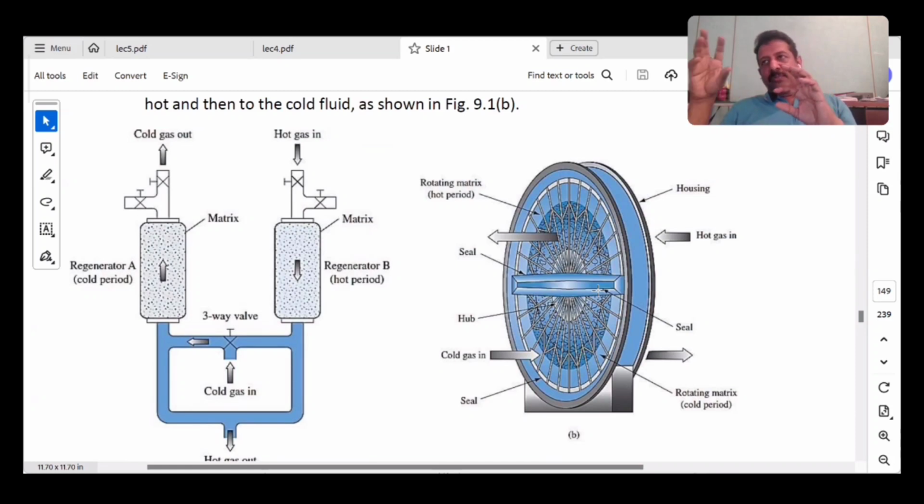So whatever the heat that is present in the matrix will be transferred to the cold fluid.